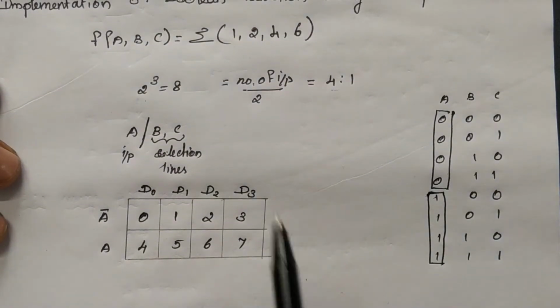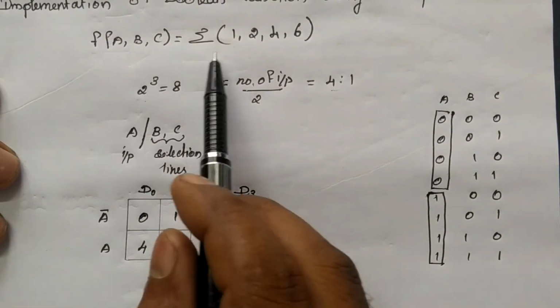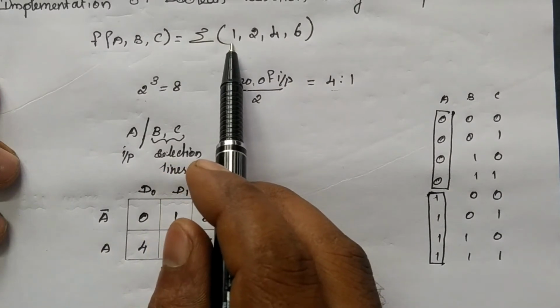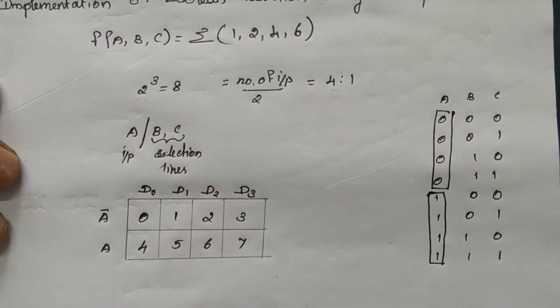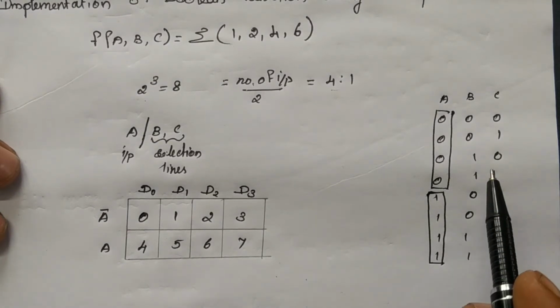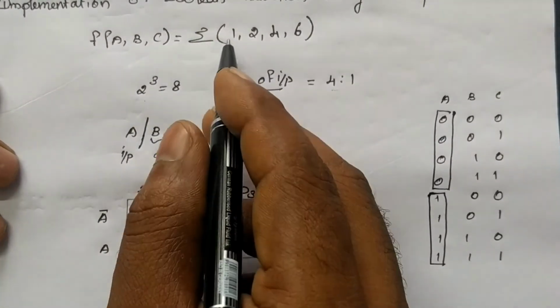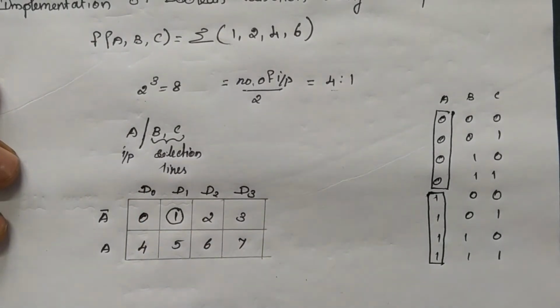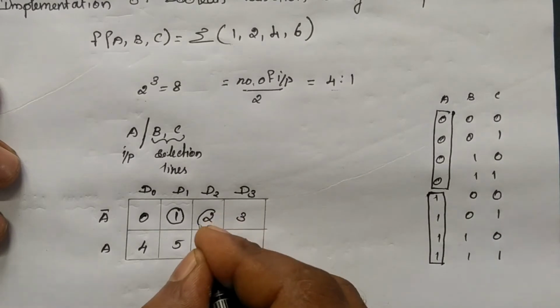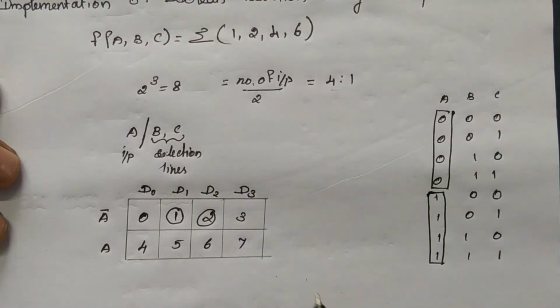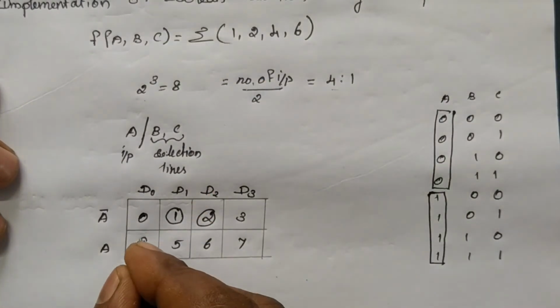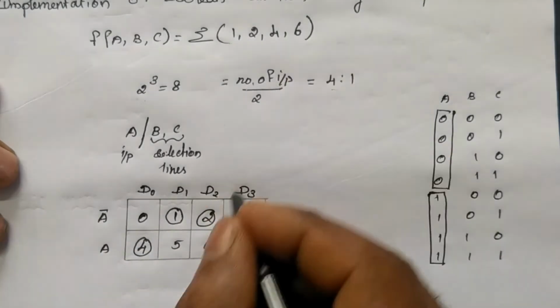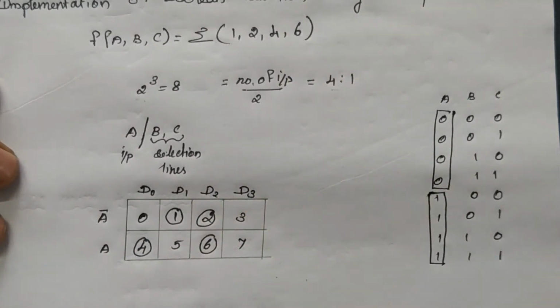In the given expression we are having the minterms 1, 2, 4 and 6, which means these are the input combinations for which we are having the output value as 1. Therefore we need to circle that particular 1. Then we are having 2, so I am making a circle. Then I am having 4, and the last one is 6.